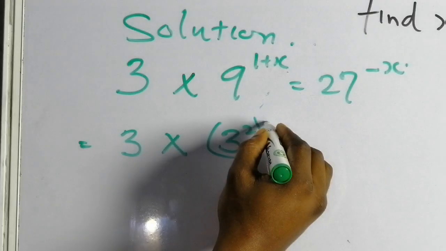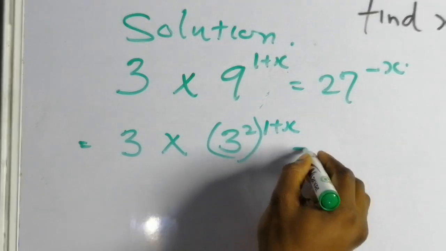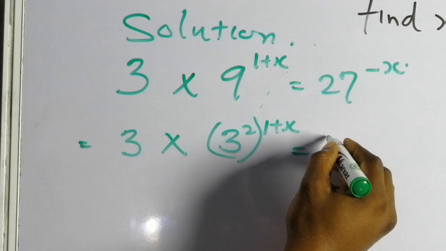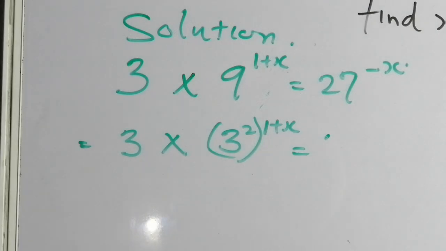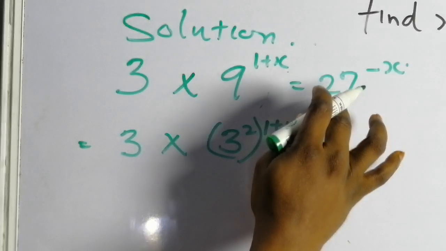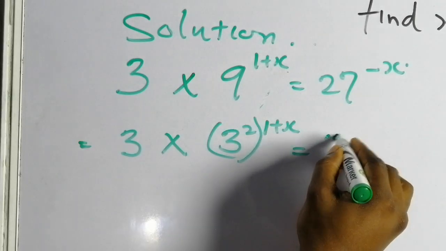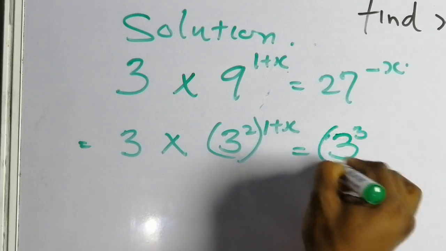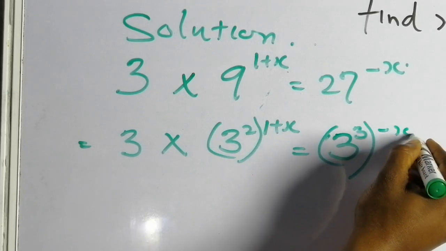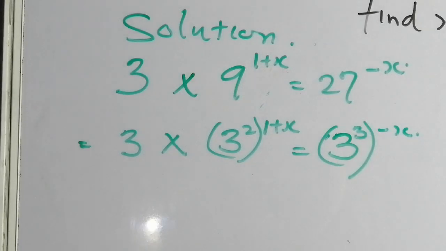Don't forget, in the law of indices, I said before you can pick one base, the base must be the same. That is what I'm working towards. So 3 times 3, 9. 9 times 3, 27. So this is the same as 3 raised to power 3, raised to minus x. It's as simple as that.